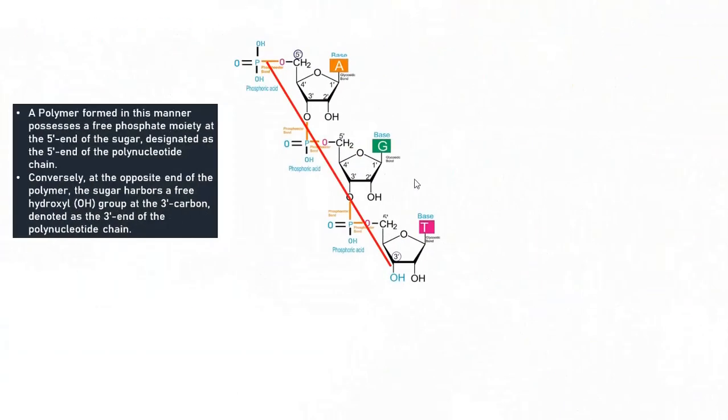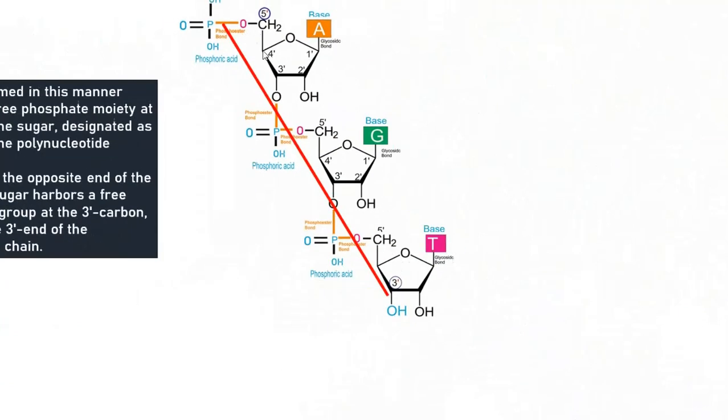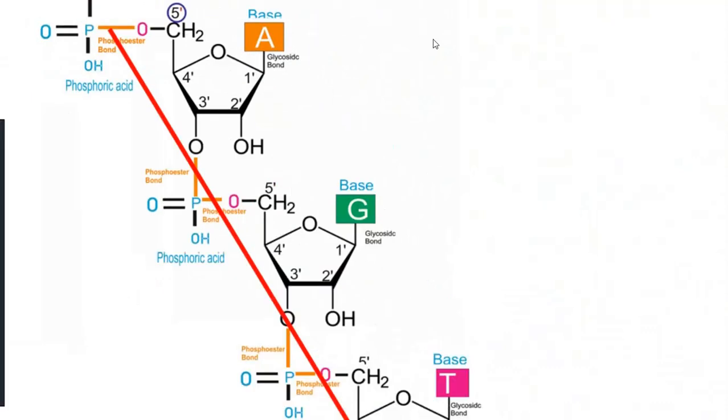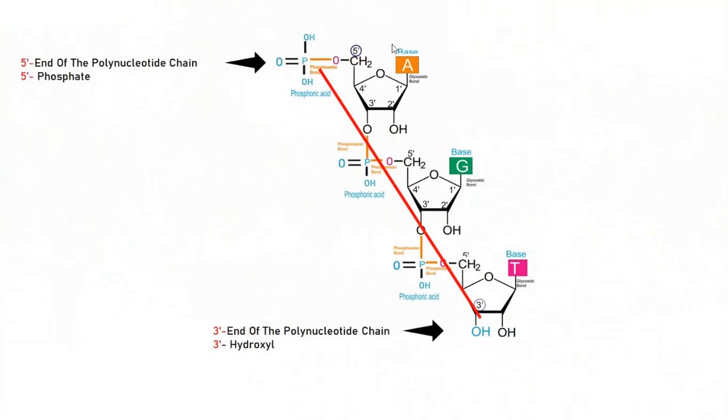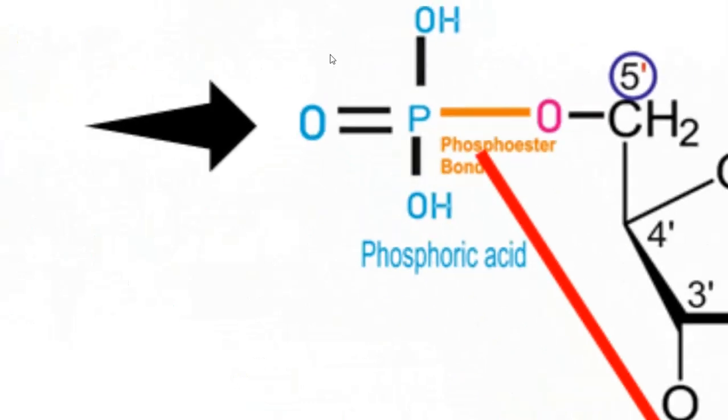Now here we can see the way the backbone is formed: phosphate sugar, phosphate sugar, phosphate sugar, and the nitrogen bases are projected inwards. When we see the two ends of the polynucleotide, towards one side we see the presence of the free phosphate.